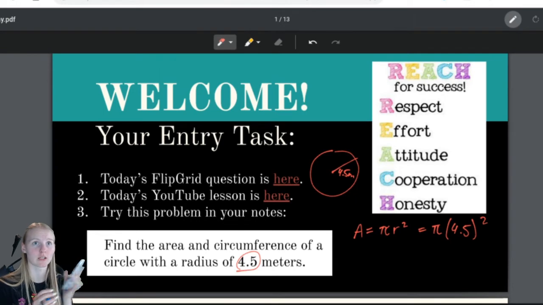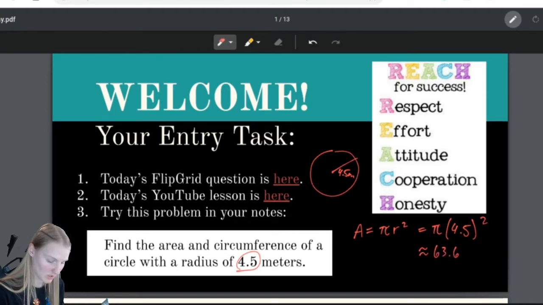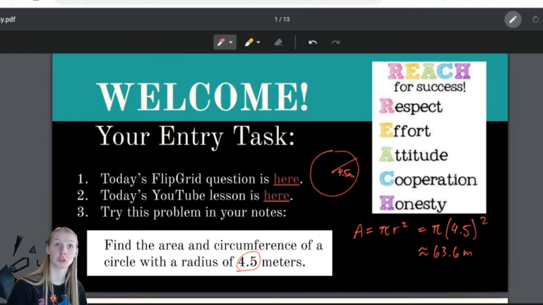So now all I do is I take my handy dandy calculator and I take pi times 4.5 squared, and I get approximately 63.6 meters. Just like that. Done. Put my units on there. No, you did not. Meters squared.